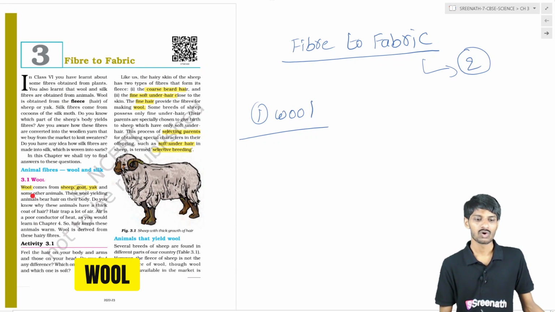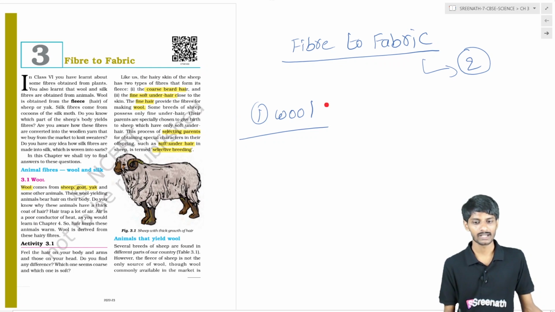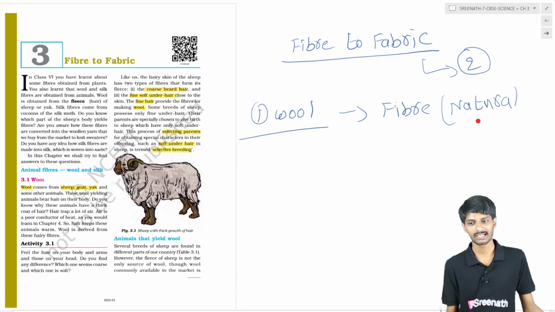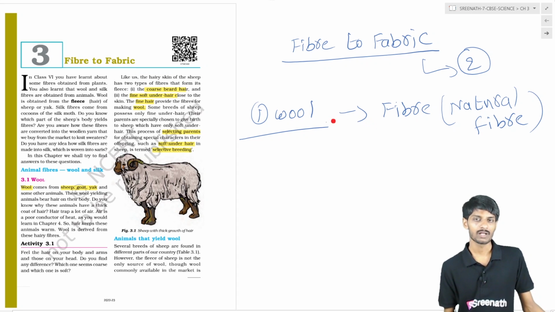Wool is one type of fiber. It is a natural fiber. This is what we have learned in our previous classes, and this wool is from animals. From which animals do we get wool?